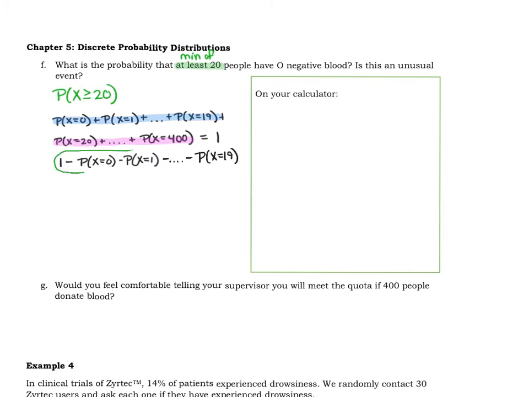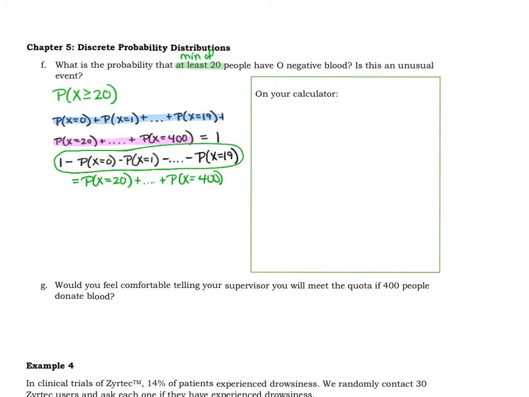So if we take out the things we don't want, that will leave us with the things we do want, that X, number of people with O negative blood, is 20 up to 400. Again, that's still a lot of work. But here's the deal. I have a faster way to do the part that I just circled on your calculator. This is a new function that we will also be using.